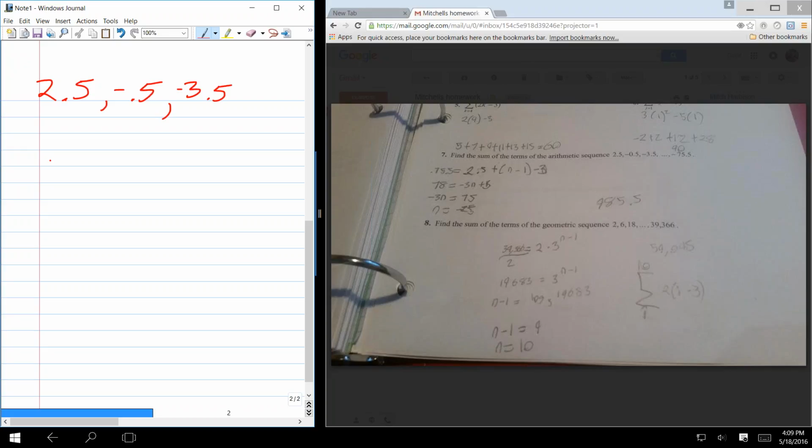There's a formula that you have to remember: the sum of an arithmetic series. It's equal to first term plus the nth term, divide by 2.